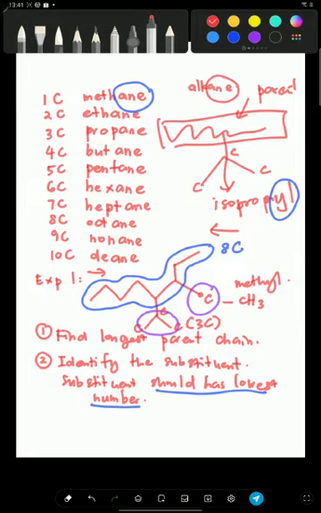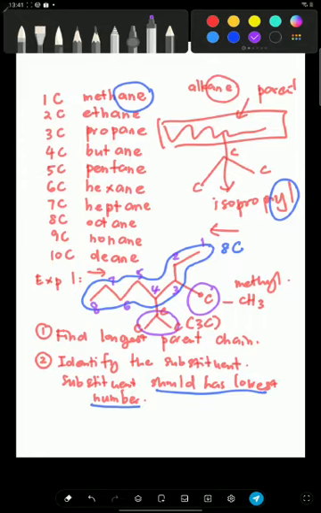Make sure these two substituents get the lowest number. If you count from right to left, it will be 1, 2, 3, 4, 5, 6, 7, 8.